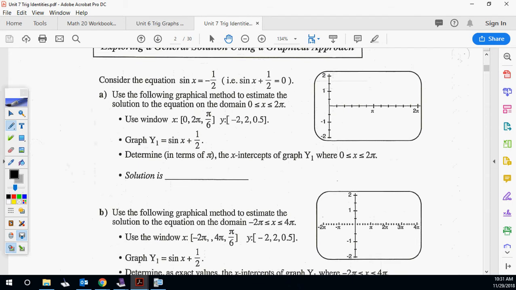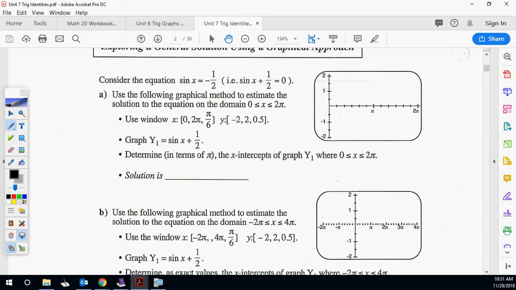So consider the graph here. We're going to look at these graphically in our calculators now. So sine x equals negative 1/2. If we want to look at this in our calculator and we want to find the intercepts, we want one side to be 0. So what they did is they went ahead and added the 1/2 over. So looking at sine x plus 1/2 in the calculator. They said use this window, 0, 2 pi, pi over 6.